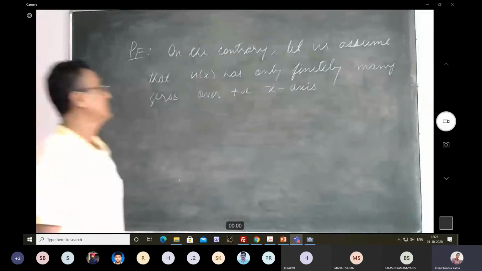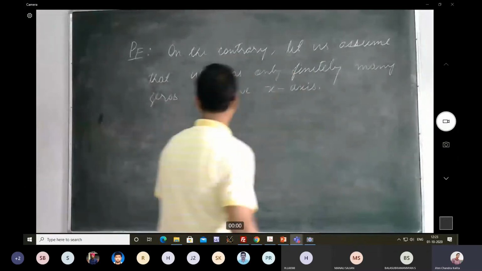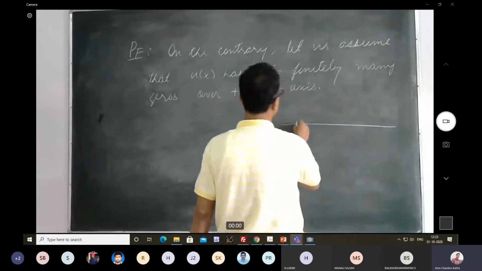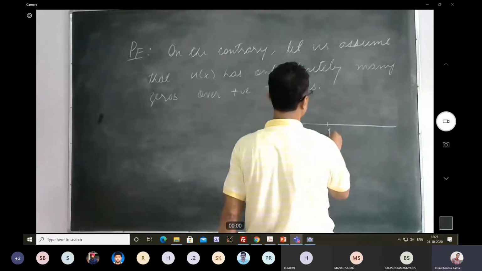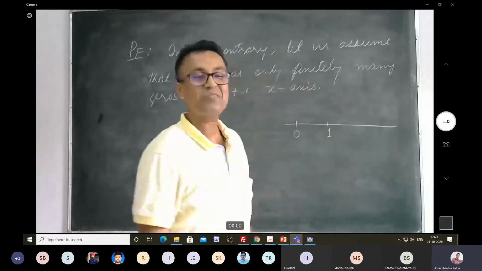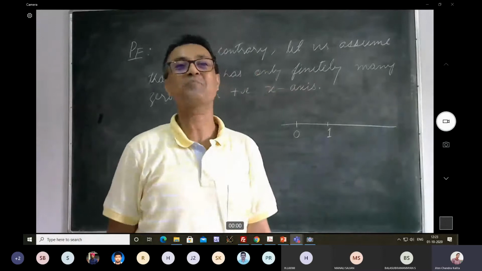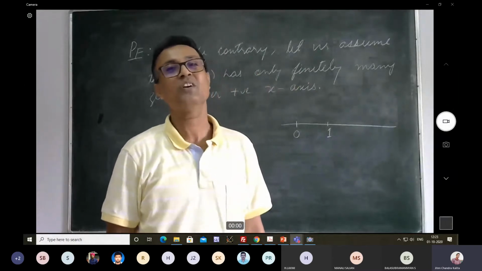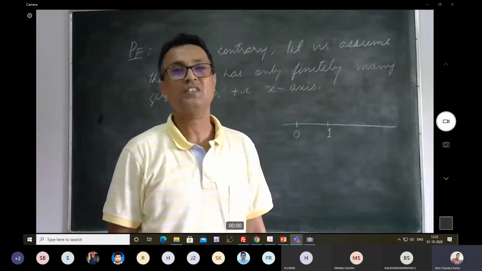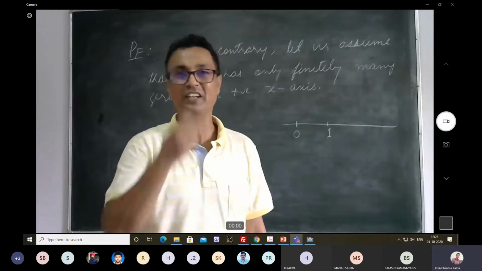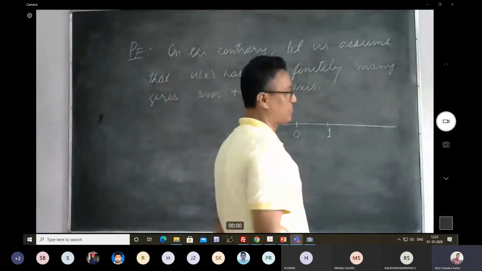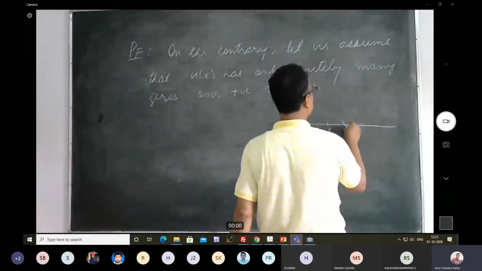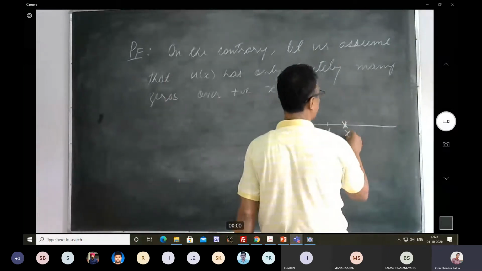So that means what we can do, I'll tell you what I'm doing here. Suppose this is 0 and this is 1. I have roped in 1 because in the statement of the theorem there is an integration going from 1 to infinity. Then I'm going to take a point x0.